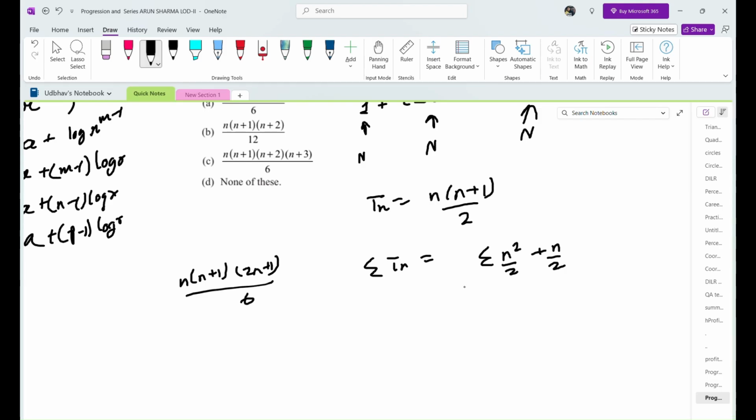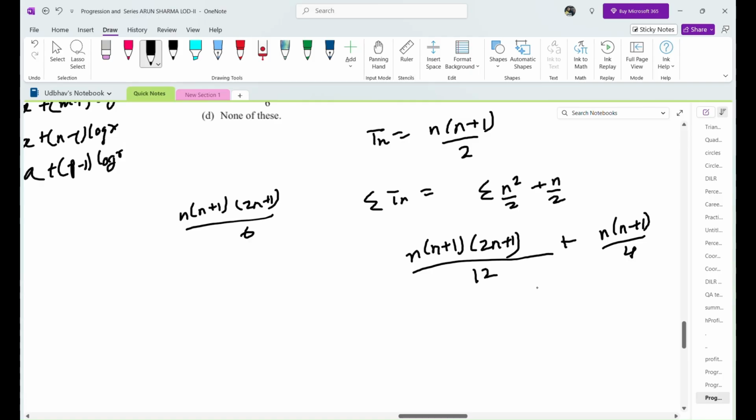So sigma of n square by 2 will be n(n plus 1)(2n plus 1) upon 6, and 1, 2, there's 12. And sigma of n is n(n plus 1) upon 2, and 1, 2 is already there, so 4. So take the LCM and solve it.